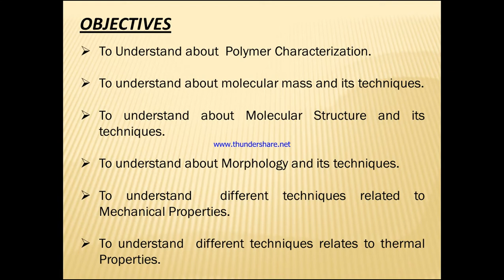For polymers, we find the molecular mass or the molecular structure. In the same way, for nanomaterials, we find out the morphology, or else the mechanical properties, or the thermal properties.